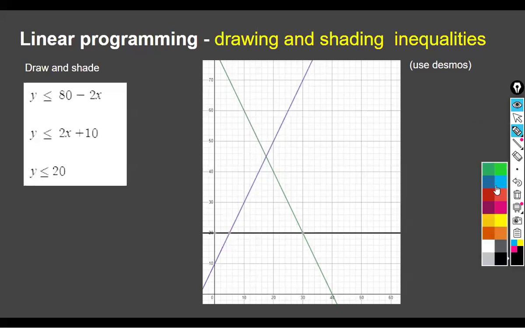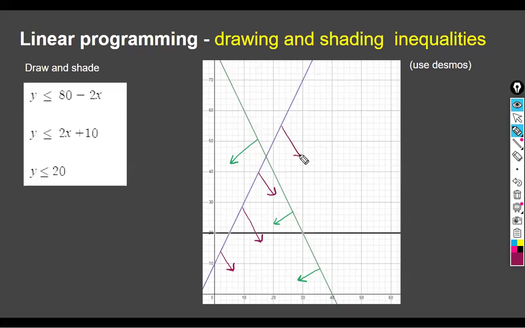For the green graph, the shading would have been below the green line because it was a less than. For the purple graph, it was the same thing. You would have to imagine the shading below the purple line. And for the black graph, the shading was also below. Where are all the arrows heading?